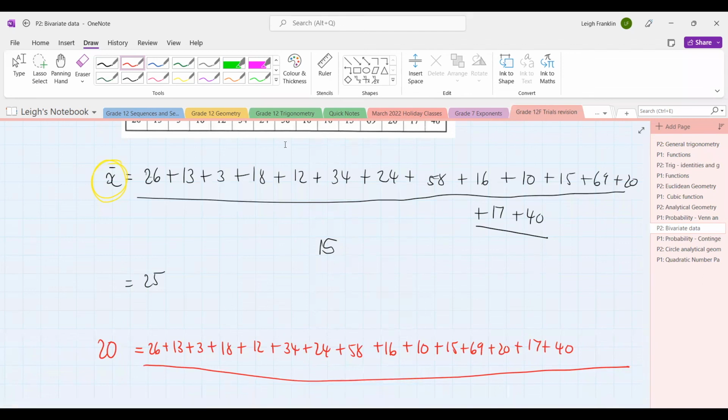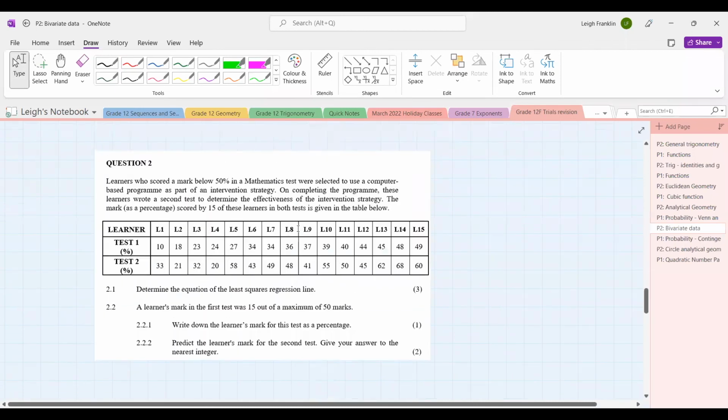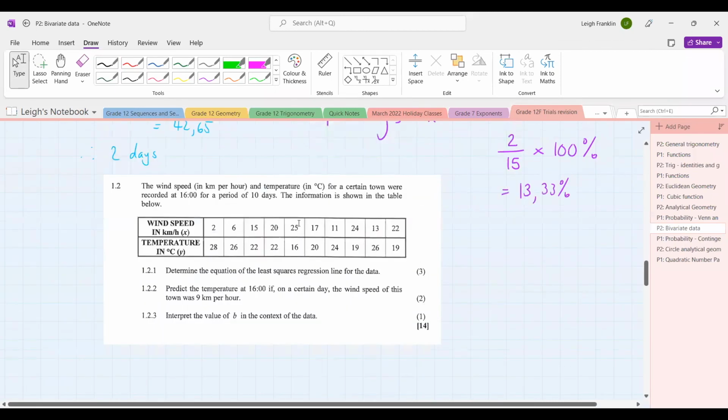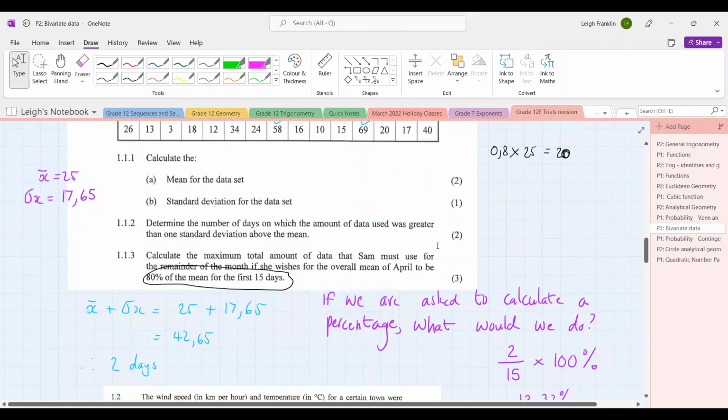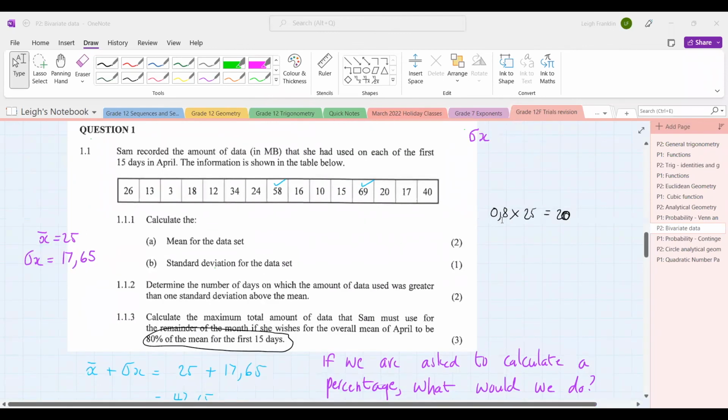How many days are there in April? How many days do we have in April? Okay, so they told us that she wants her overall mean for April to be 80% of the mean of the first 15 days. So the mean of the first 15 days was 25, so 80% of 25.